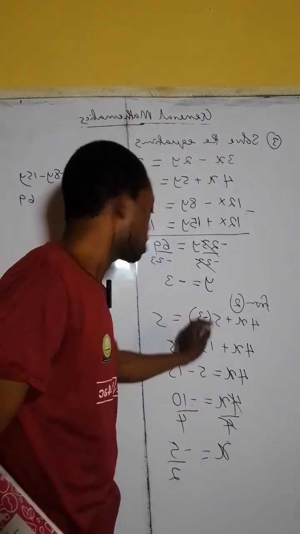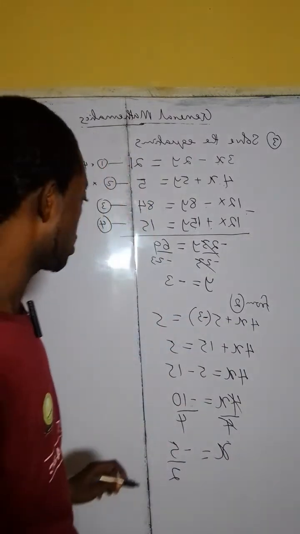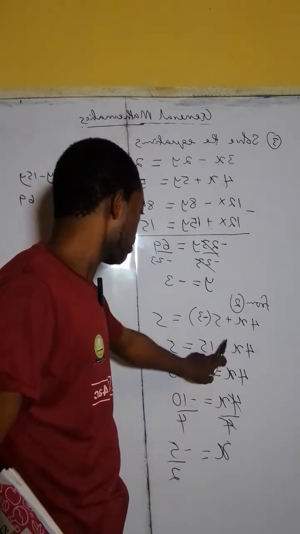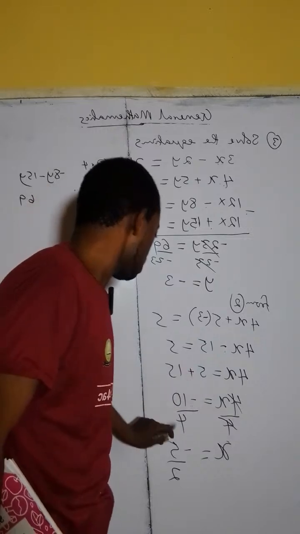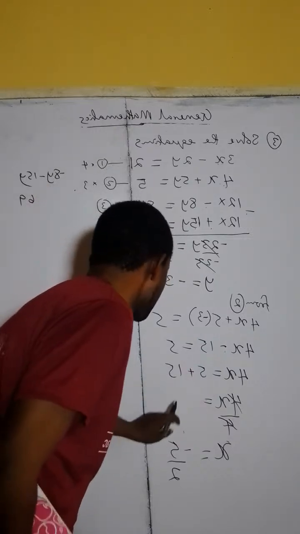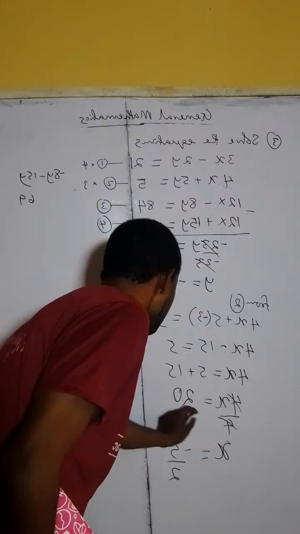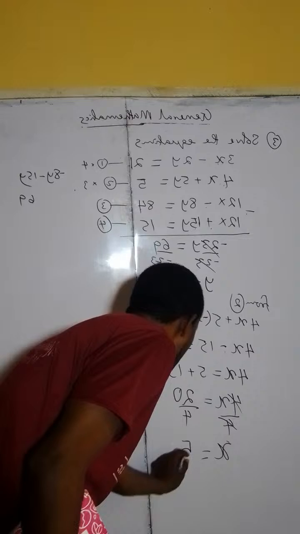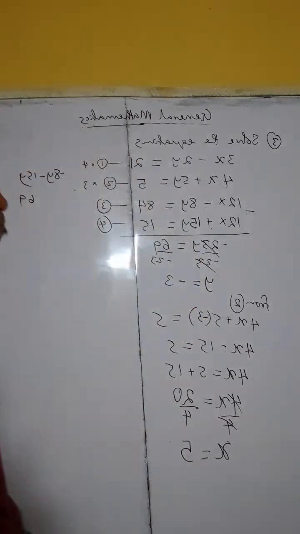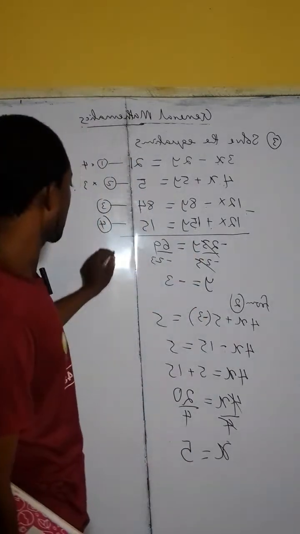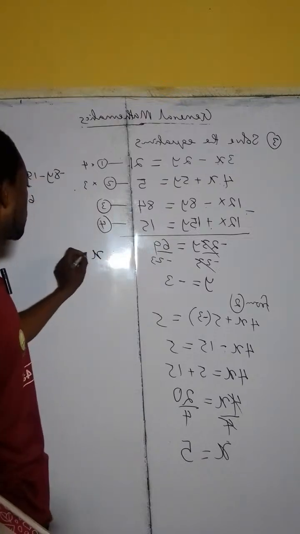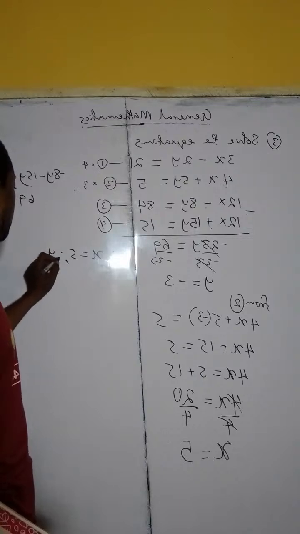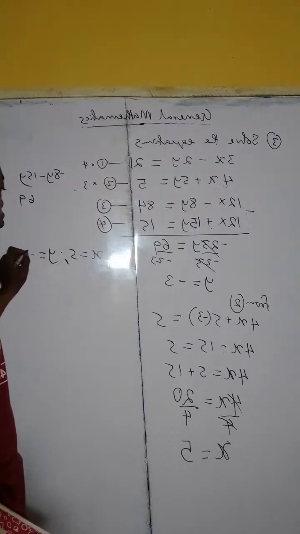So we have minus 3 here, so this becomes minus 15, and when it comes to this side, it becomes plus. So 5 plus 15 becomes 20. Divide both sides by 4. It means x equals 5. So that is the solution. Therefore, x equals 5 and y equals minus 3.